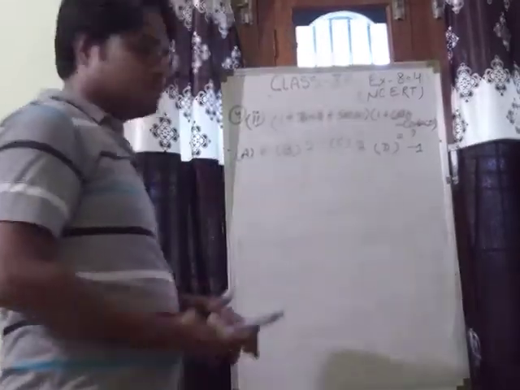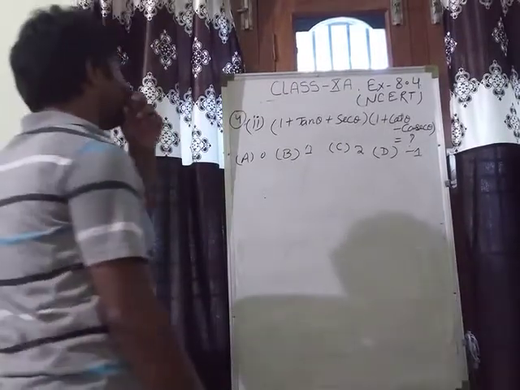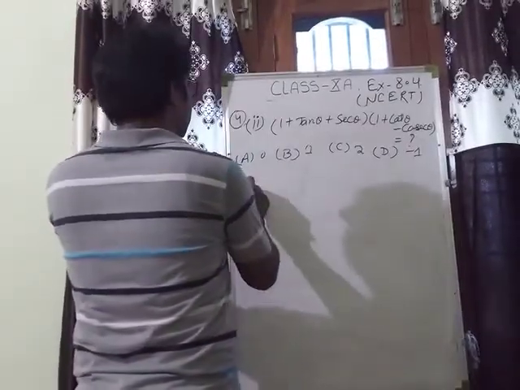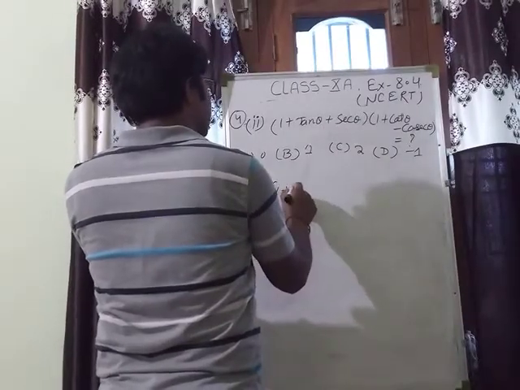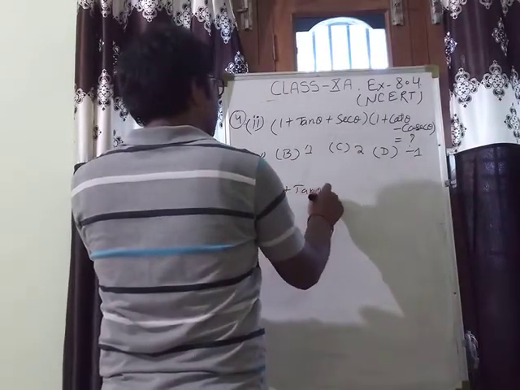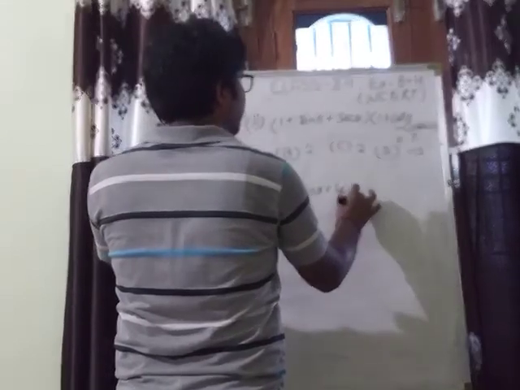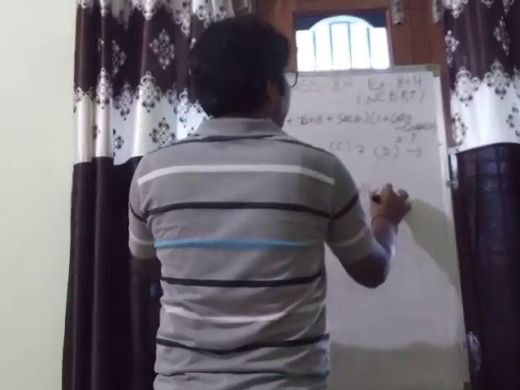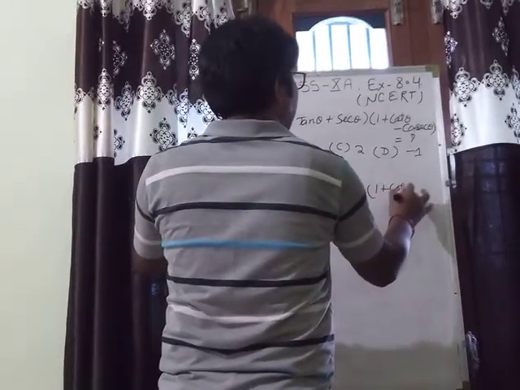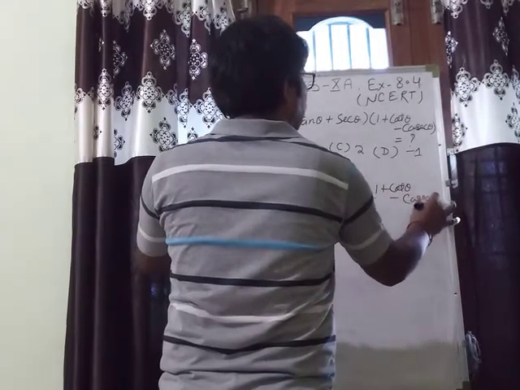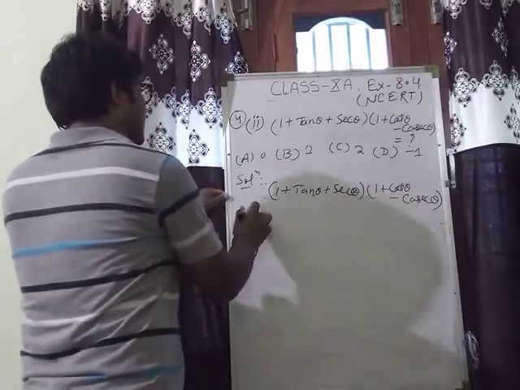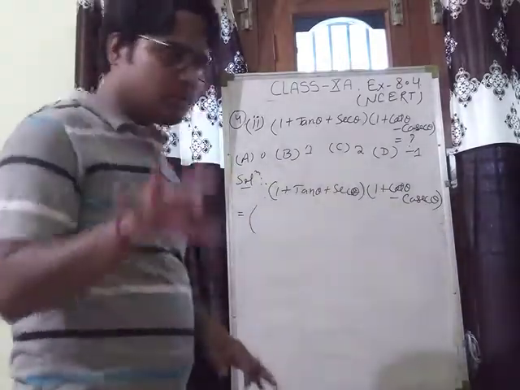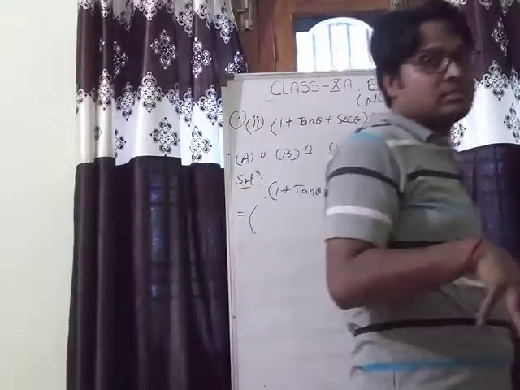So we have to find out value of this one. Okay, see, consider this one. This is 1 plus tan theta plus sec theta into 1 plus cot theta minus cosec theta. Now see your identities list.